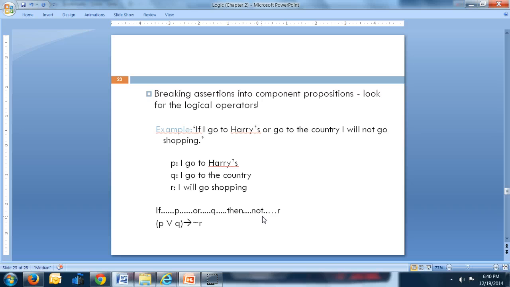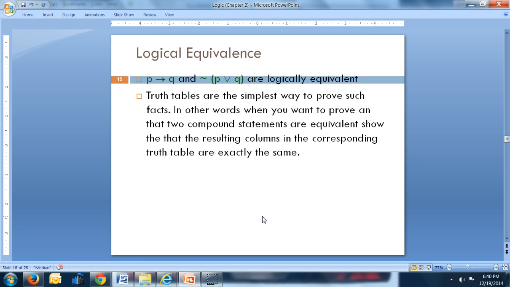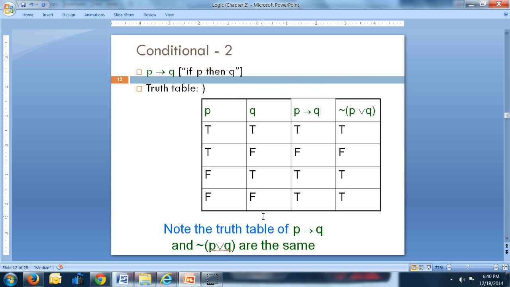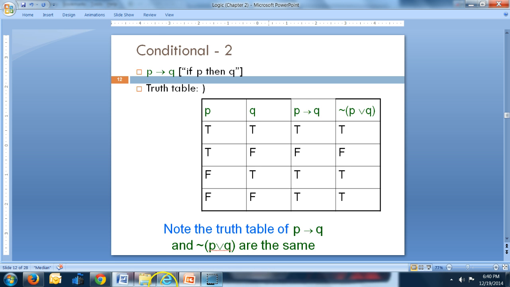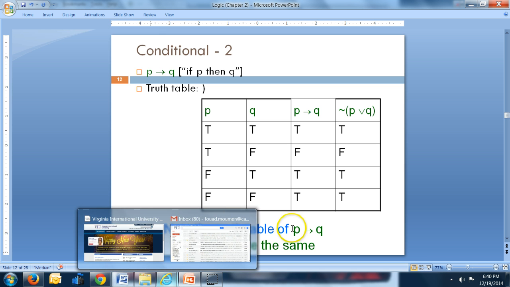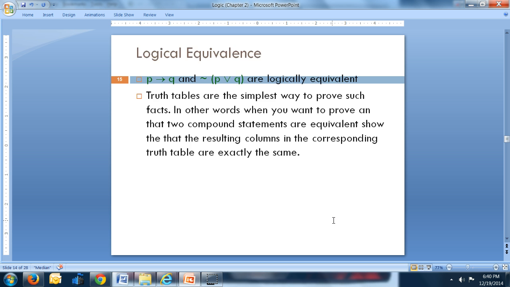So the truth table for the biconditional statement, as we have seen before: if you start with if B then Q, then you will have true, false, true, true. If you go the other way around and you start with Q then B, then you will have true, true, false, true. And so the answer for the biconditional is true, false, false, true for the truth table for the if and only if.